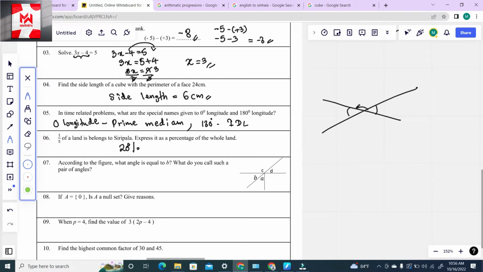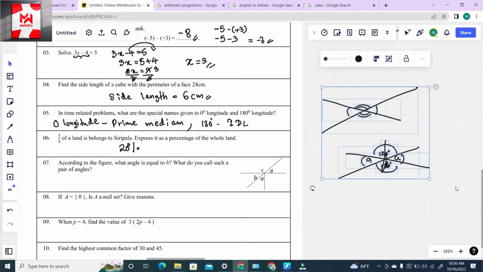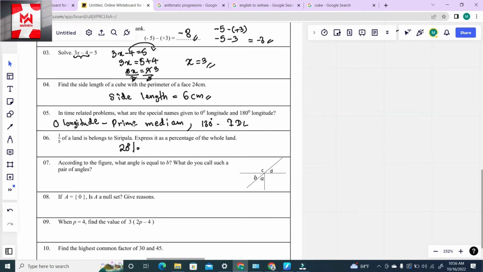That means vertically opposite angles should be equal. If this is A, this should be A. If this is 120, this also is 120. These vertically opposite angles are equal.